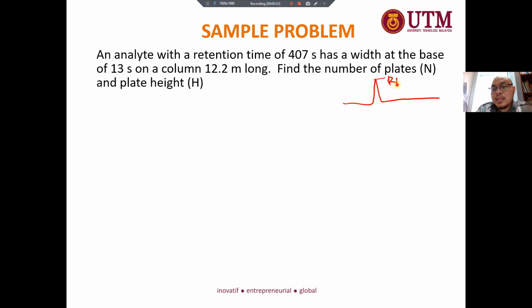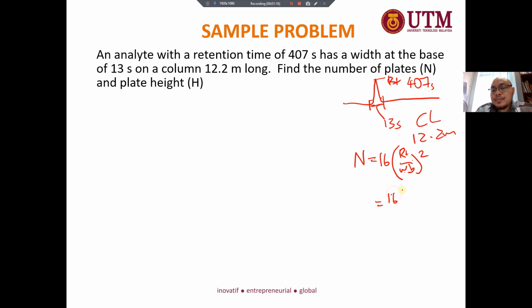So the RT is 407 seconds. The problem also mentioned a width at the base of 13 seconds. So the width here is 13 seconds. The column length is 12.2 meters. Okay, so we know that for N, when we use WB or width at base, we need to use this formula: 16 multiplied by RT over WB, squared.